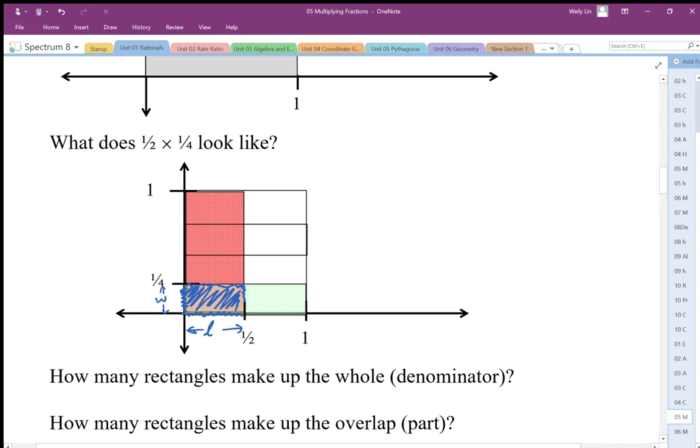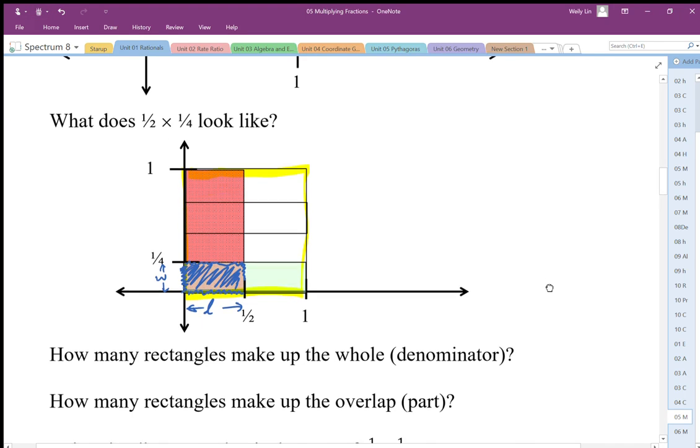Now, what fraction of the whole is that? We know the big square represents 1 whole, so I'm going to highlight that. That blue square represents what fraction of the whole? It is clearly 1 out of 8 pieces, so the answer must be 1/8.